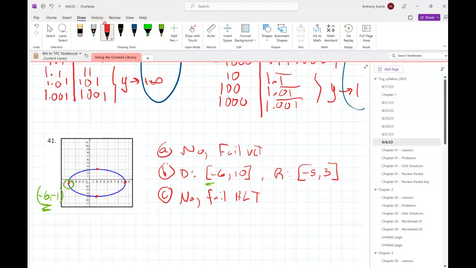Is there a test for another one? Another test for the other type of... The vertical line test is the test for a function or not. For onto, if what you're given is a graph, it's got to be onto.